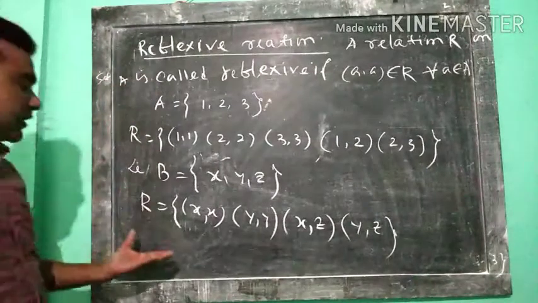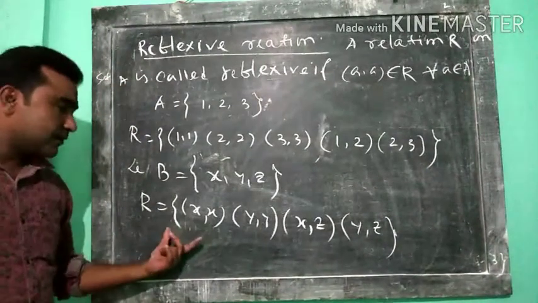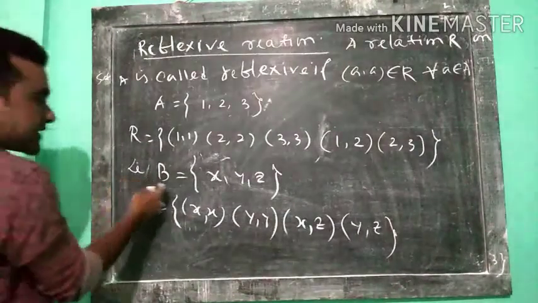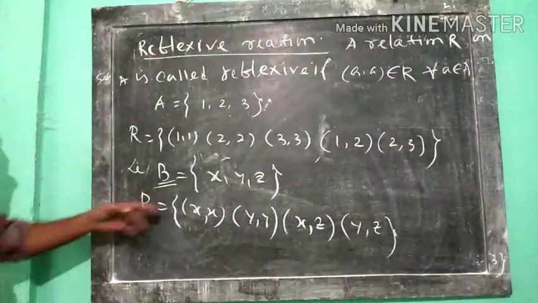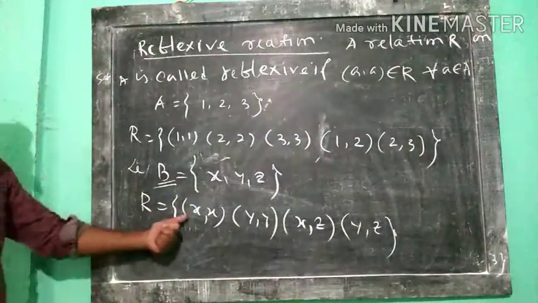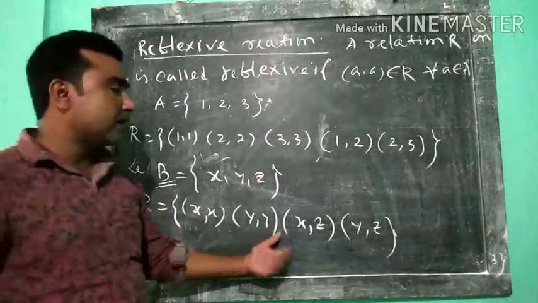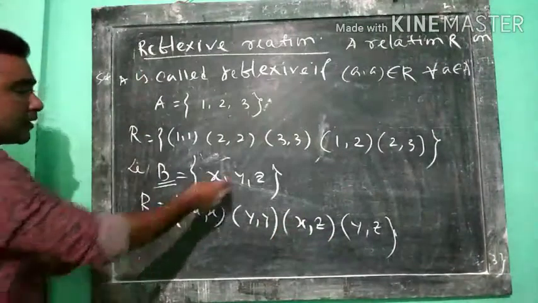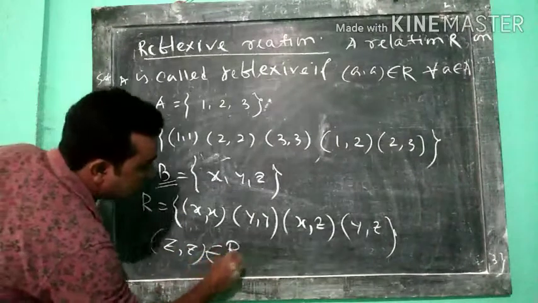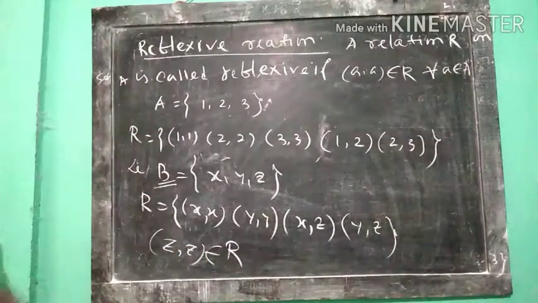According to the definition, we can clearly say that it is not reflexive. Why? Because in the set B the elements are x, y, and z. But in the relation R, (x, x) and (y, y) belong to R, but (z, z) does not belong to R, and that is why it is not reflexive.